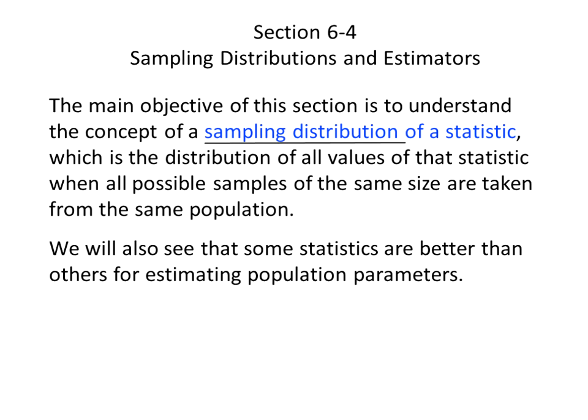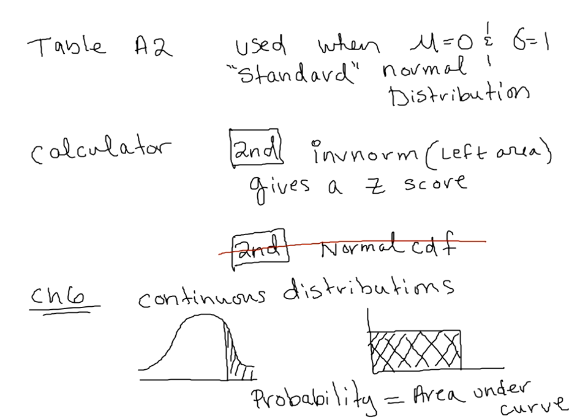This occurs when all possible samples of the same size are taken from the same population. We will see that some statistics are better than others for estimating population parameters. A parameter is a measurement from the population. A statistic is a measurement from a sample. So some measurements from the sample are better than others for estimating what's happening in your population, and we're going to see which ones are better.